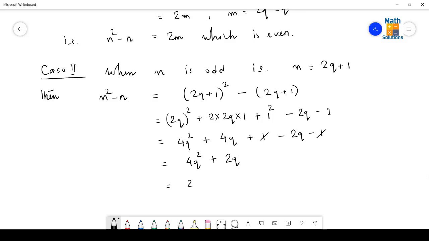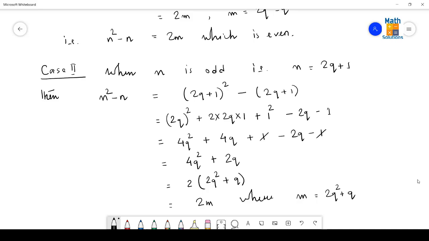When I take common 2, I get 2 times (2q square plus q), which can further be expressed in the form 2m, where m is equal to 2q square plus q.